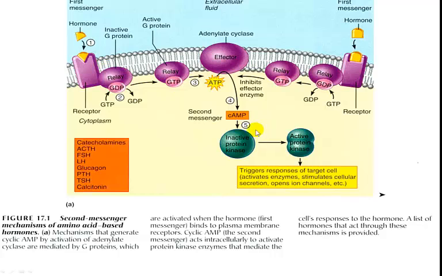So how do we couple cyclic AMP to the exocytotic system, and that's what we covered before. So catecholamines, ACTH, FSH, LH, glucagon, PTH, TSH, and calcitonin use this. And we know that in some cases there can be competing effects.